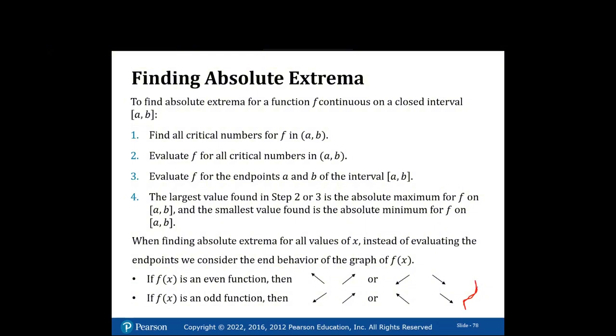So that's a way to think about what x cubed looks like, what x squared looks like, just to give you an idea of end behavior. It doesn't matter if it's x to the 68th, it's still going to have two ends that go straight up or straight down.